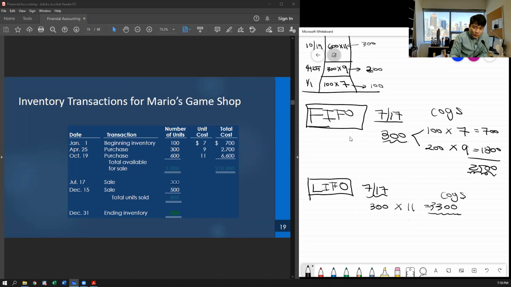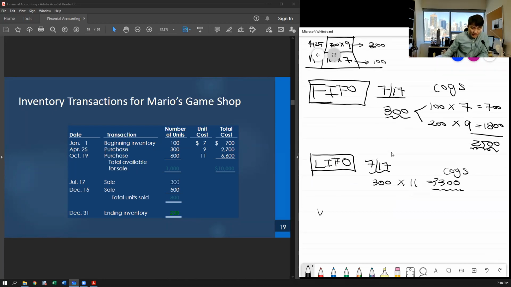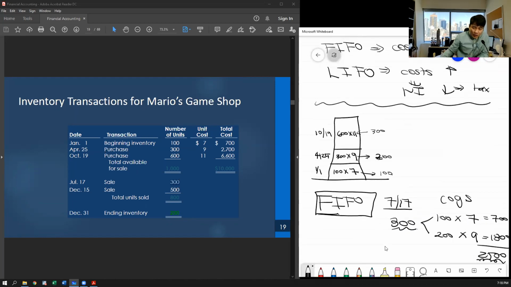Okay. So this was FIFO. This is LIFO. Now we have another method, weighted average. For weighted average, let me go up. The first job is to calculate the average. We have 6,600 in total for that inventory stack, 2,700 for the second stack, and the first stack is 700.